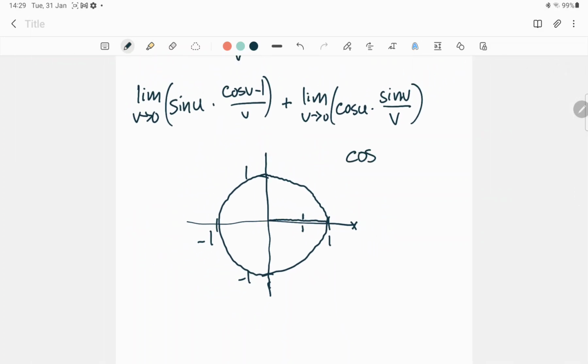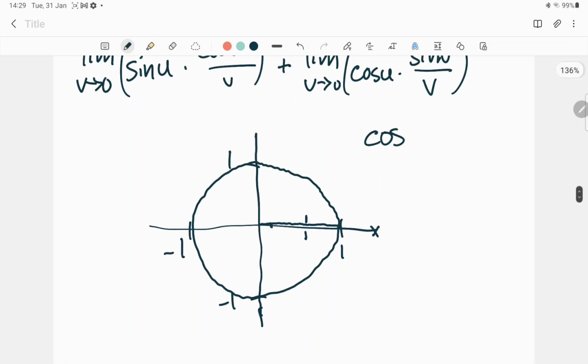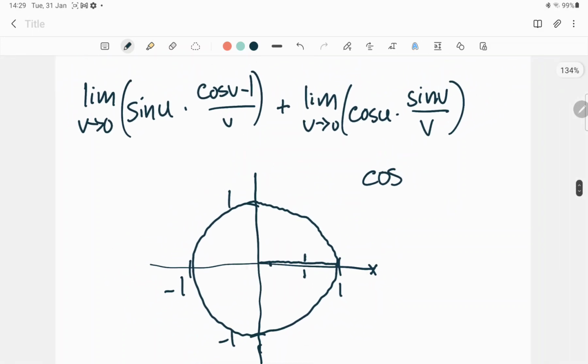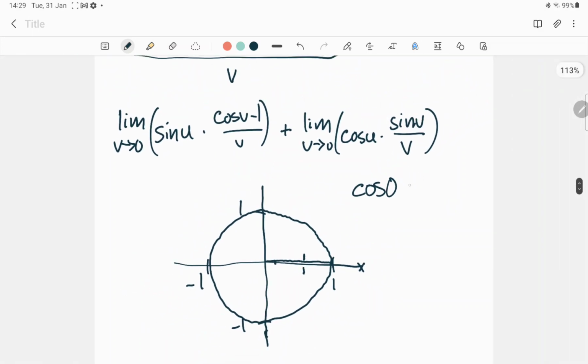So if we defined cosine of this angle which goes to 0, the hypotenuse must lie over the adjacent side. So we can say that cosine is our adjacent side, which is now equal to 1, over the hypotenuse, which is always 1. So cosine of 0 will give us 1.